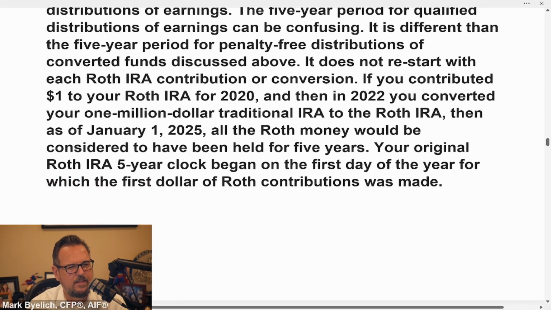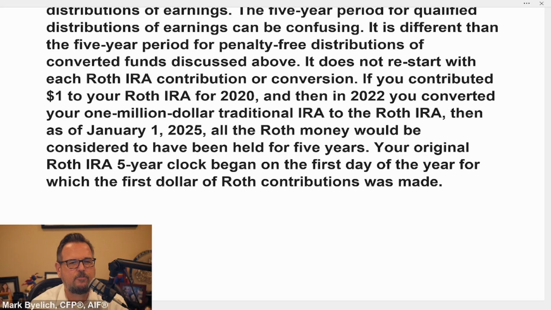Your original Roth IRA 5-year clock began on the first day of the year for which the first dollar of Roth contributions was made. And it's an important note here that Sarah shows us this. I'm just going to highlight this if you're watching this January 1st, 2025. So all Roth IRAs are considered to be opened by January 1st of the year that they were established.